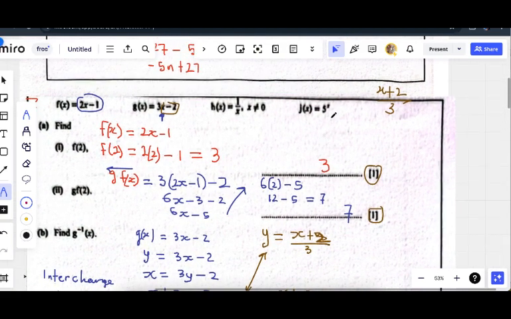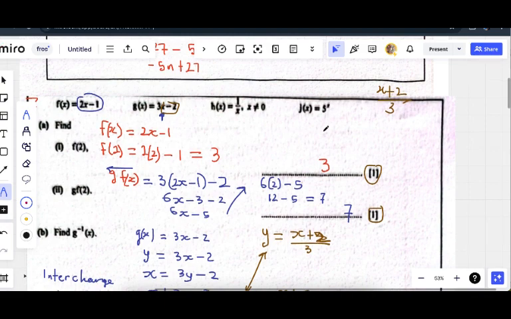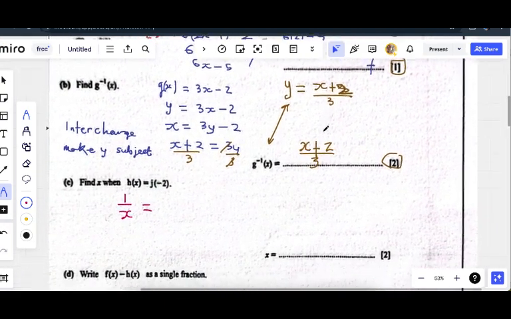So where x is, you put negative 2. Because they say j of minus 2, I'll have 5 raised to power minus 2. I'll use the negative 2 to replace the position of x.